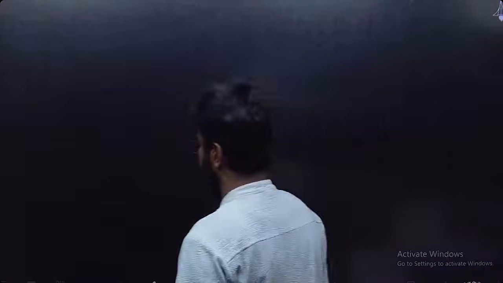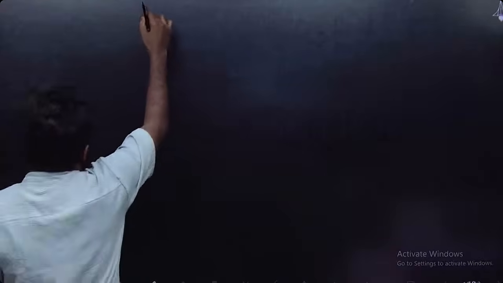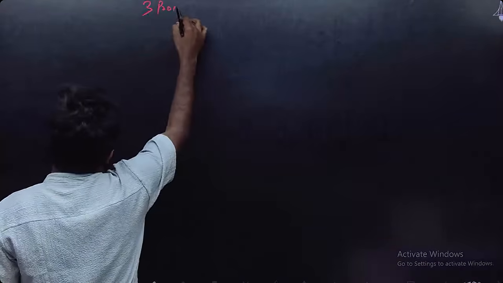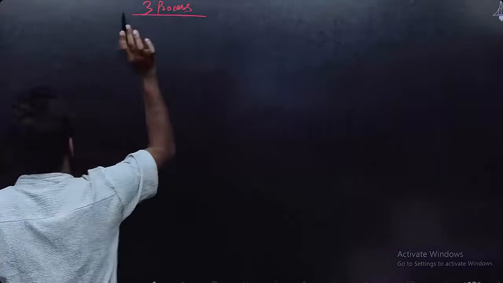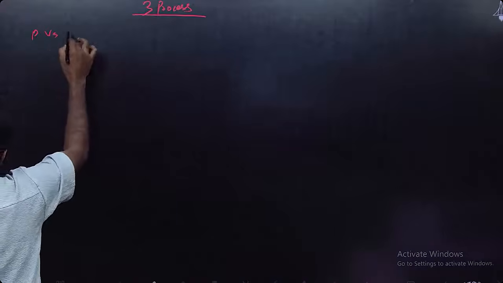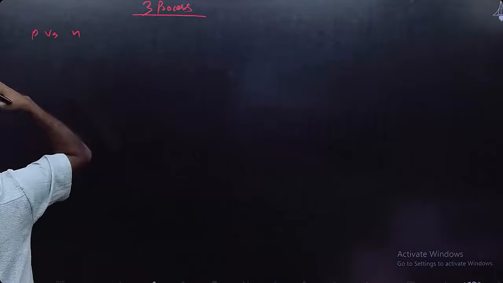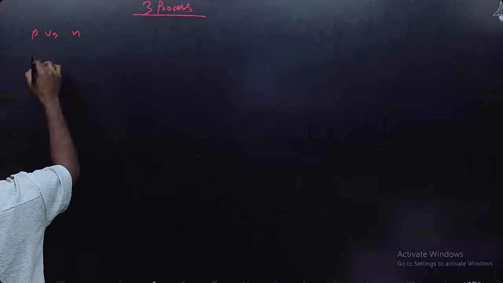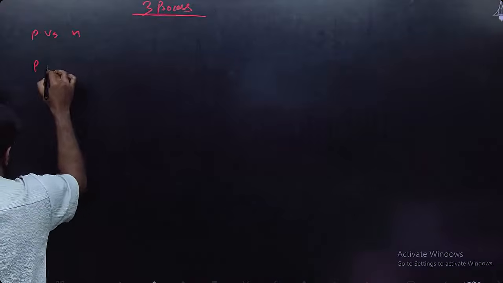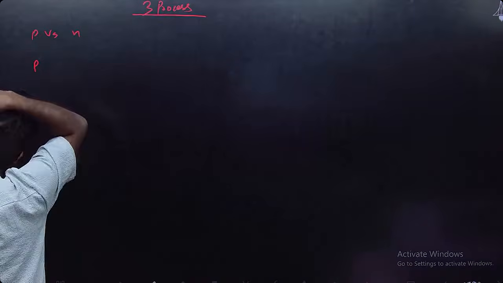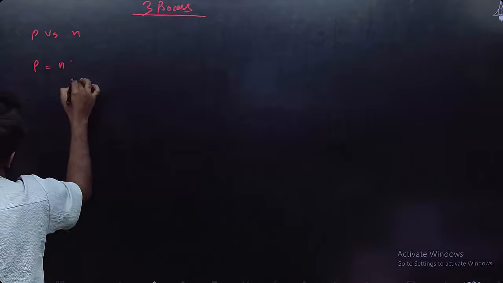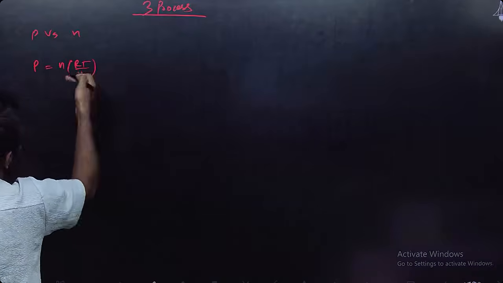Now for that, you have to just understand that we have three processes. First is P versus N. When you plot P versus N, what you will get is nRT by V as a constant term.